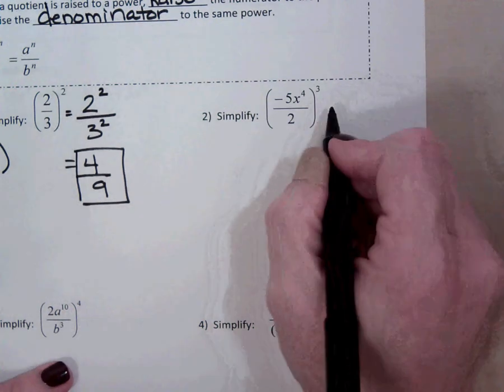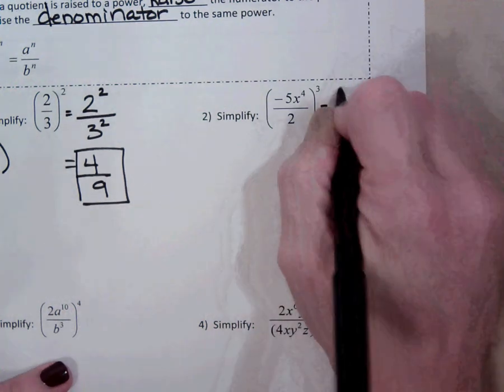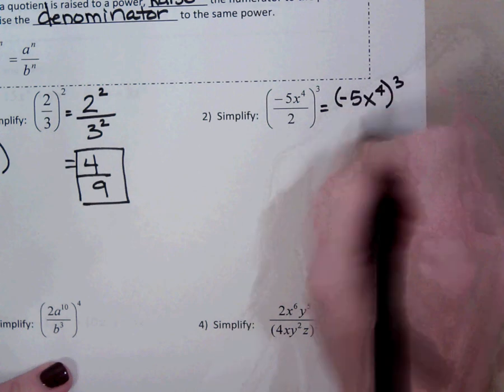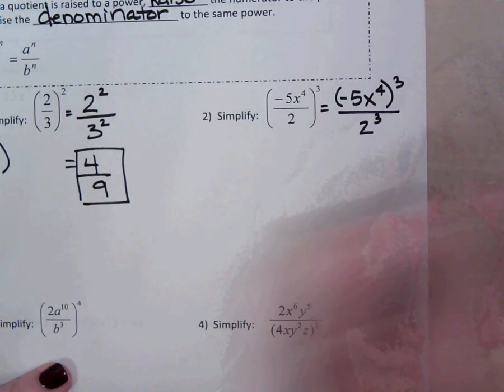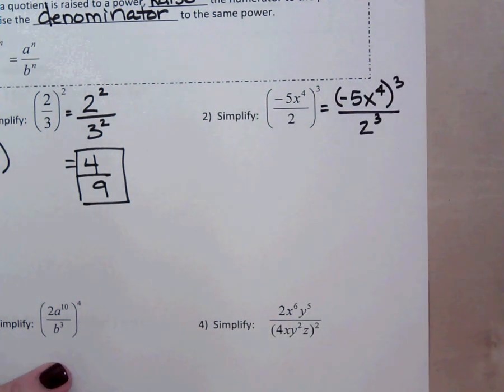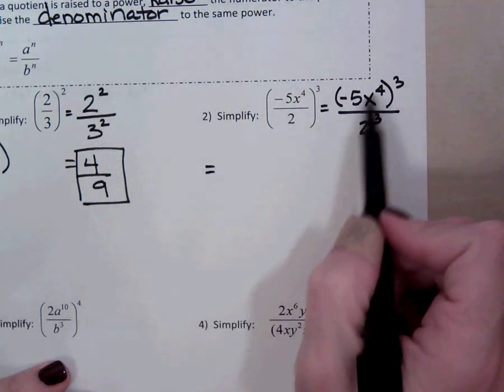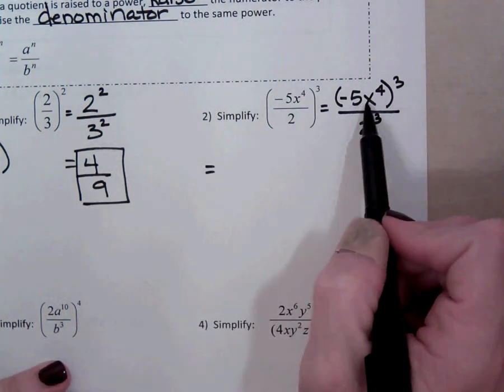Okay, everything is going to get the power of 3. So my numerator gets the power of 3, and my denominator gets raised to the power of 3. Now notice in my numerator here, now I have another rule. I have the products to powers rule.